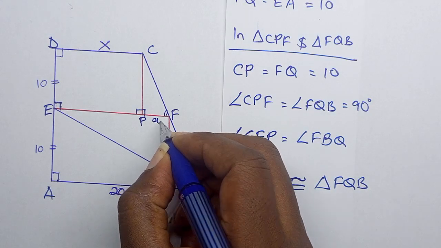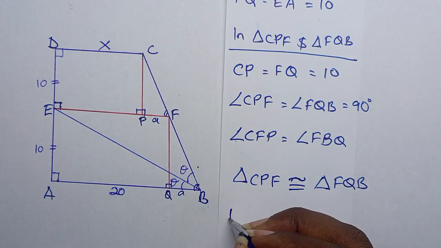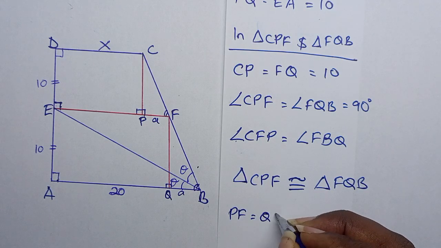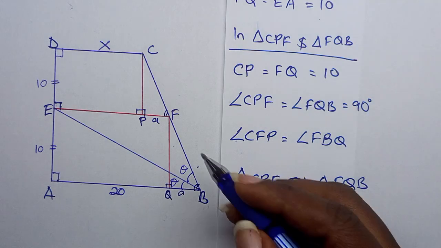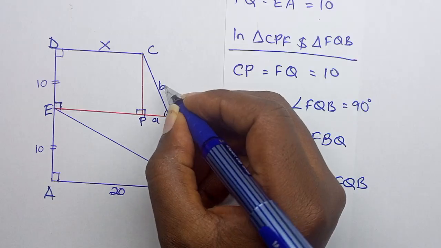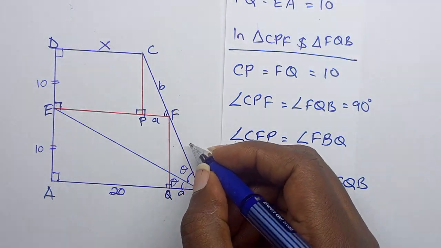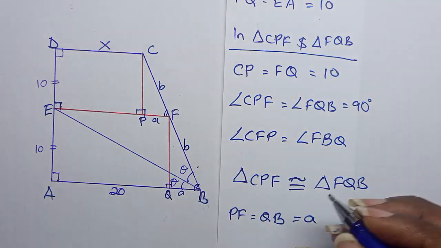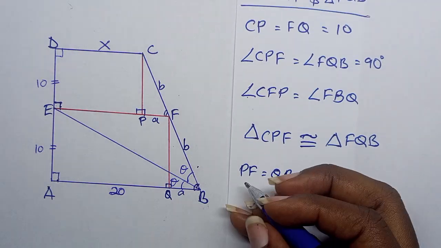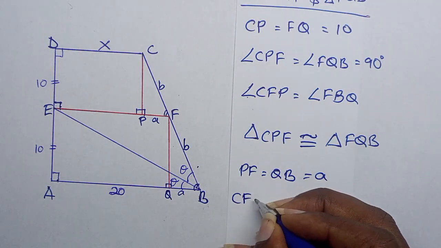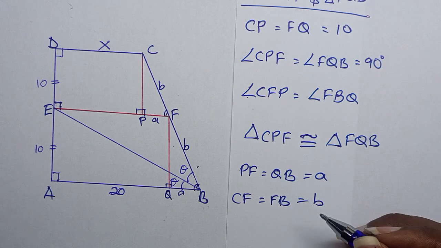So if this is, say, A, then this QB is also A. Now, suppose this hypotenuse is B, then that implies that FB will also be B. So, therefore, CF is equal to FB, which is B.